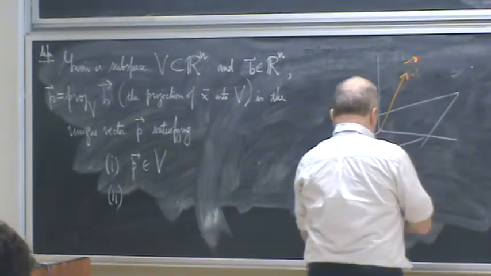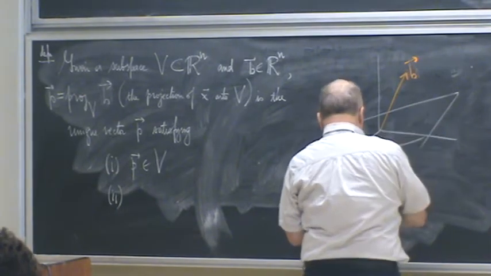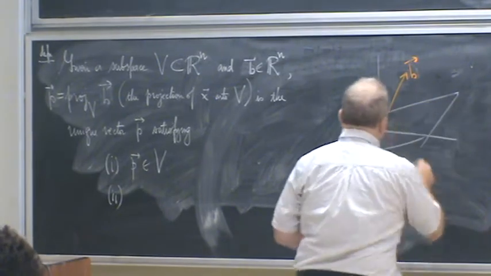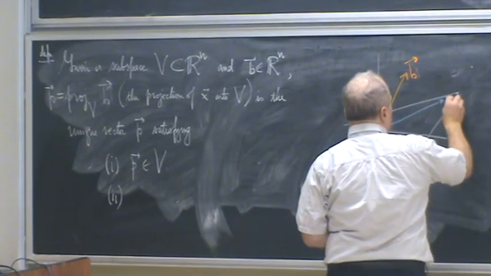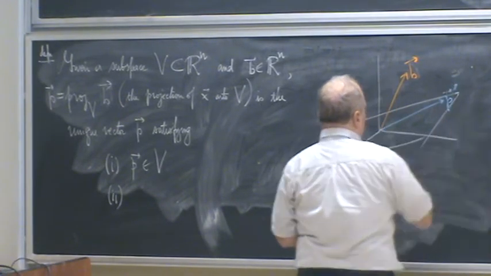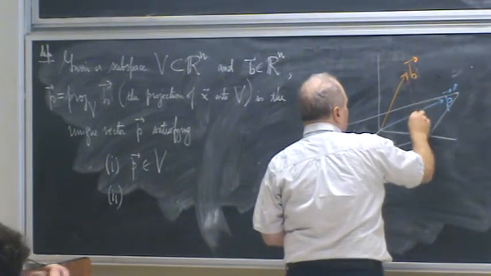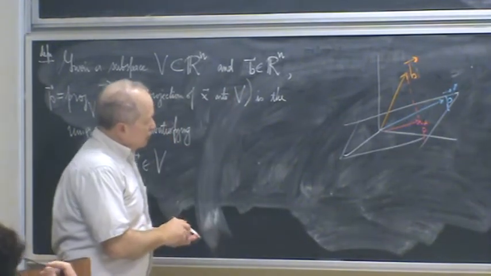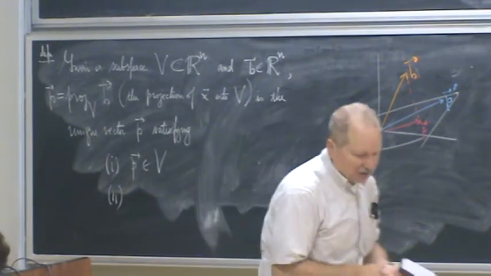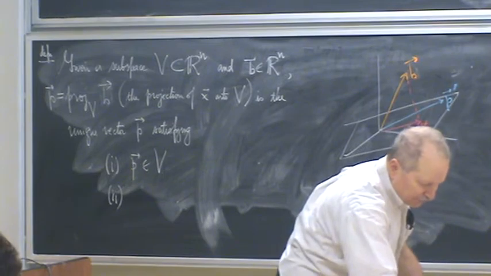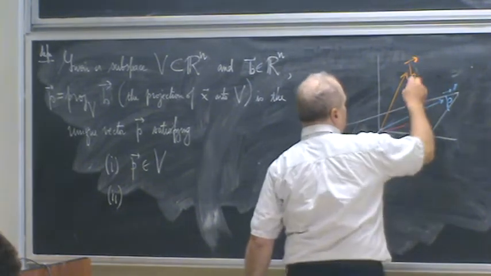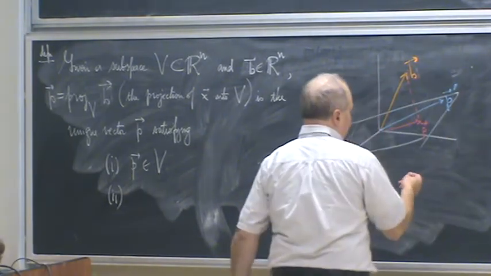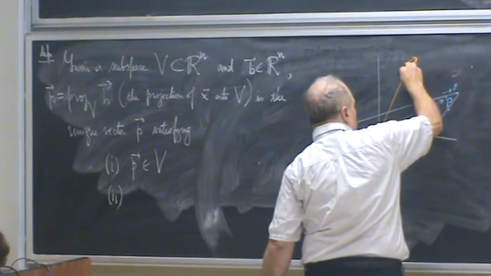There's another candidate for P, say P prime. Now my picture looks sort of strange, but it's just a picture. What should be the case if this vector here is supposed to be shorter than this vector here?